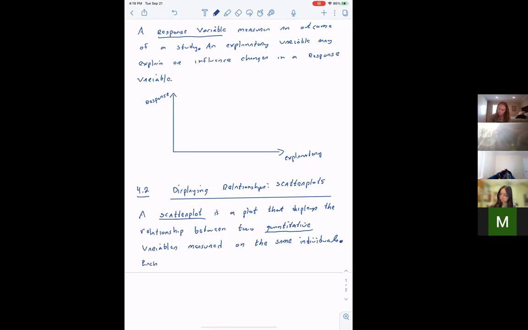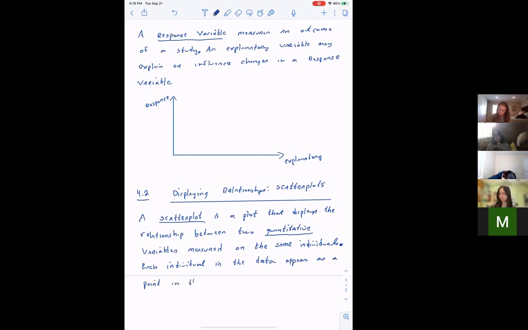Each individual in the data appears as a point in the plot, fixed by the values of both variables for that individual.